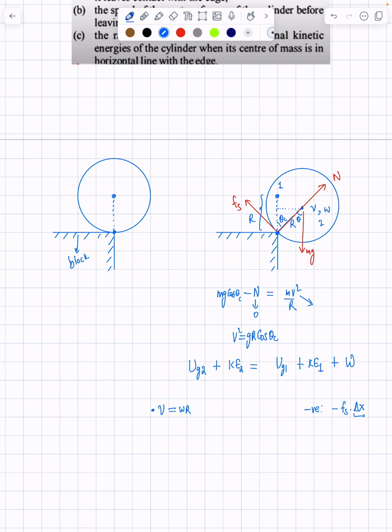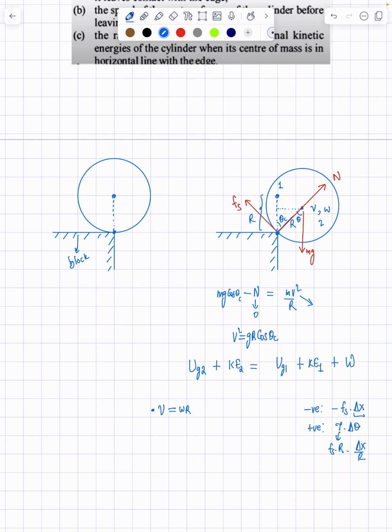But Fs also does a positive work in the sense that it applies a torque, and that increases angular velocity, and that work is positive and is given by torque times the angle the cylinder rotates, torque times delta theta. And if you see that the torque applied is basically Fs times r, delta theta is actually delta x over r.